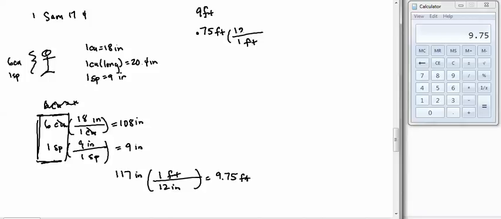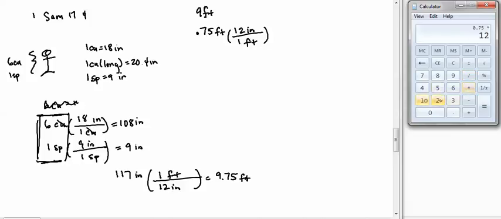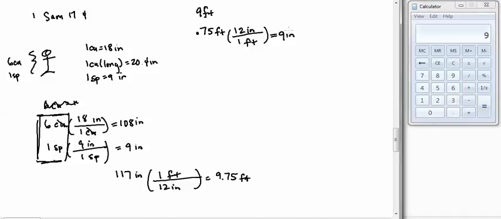So what is 0.75 times 12? Or what is 3/4 of 12? Well, that would be 9, right? Because 12 divided by 4 is 3, and then multiply that by 3 is 9. Well, there we go. It's 9 feet, 9 inches tall. That's how tall Goliath is.